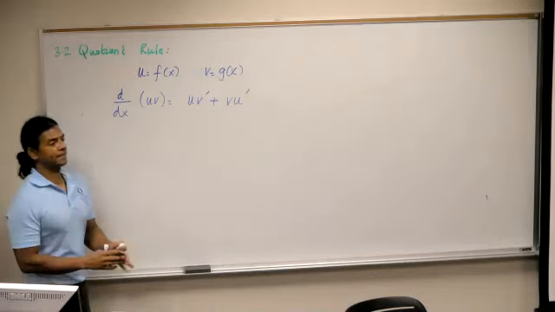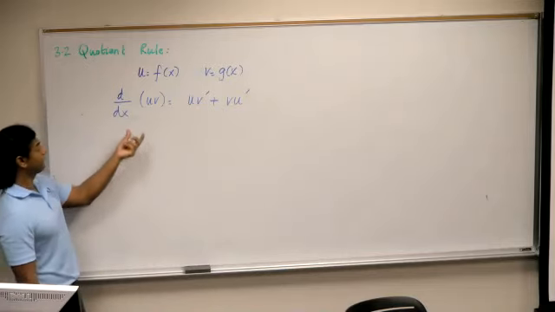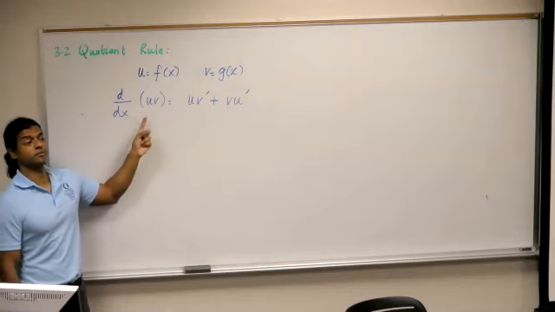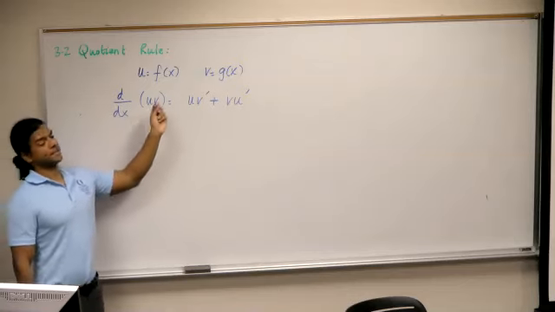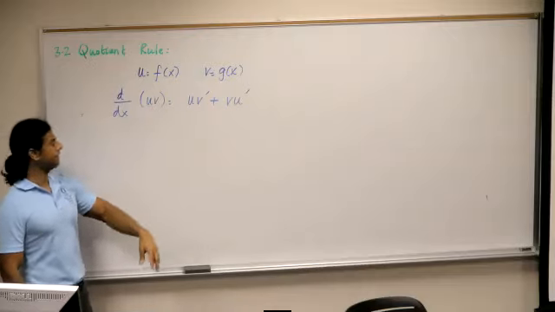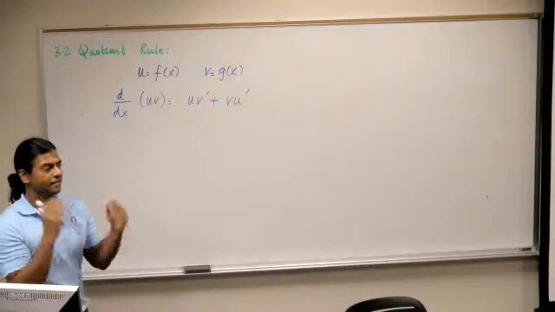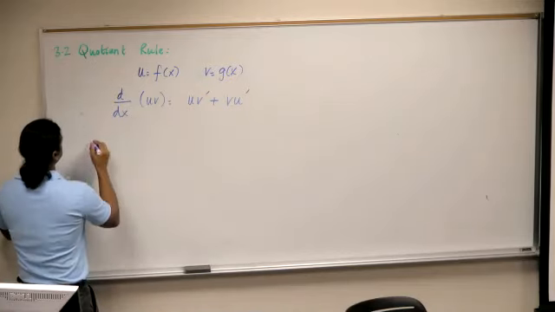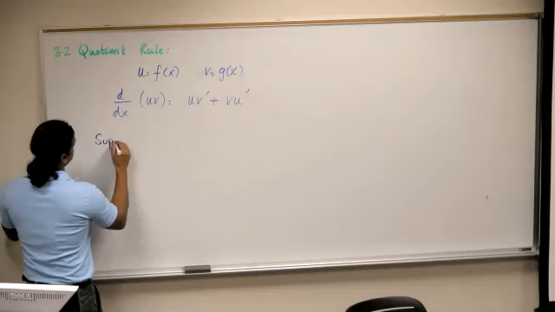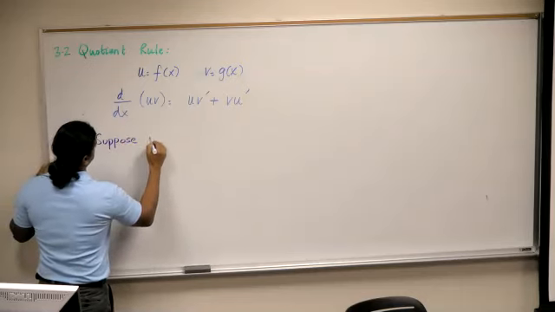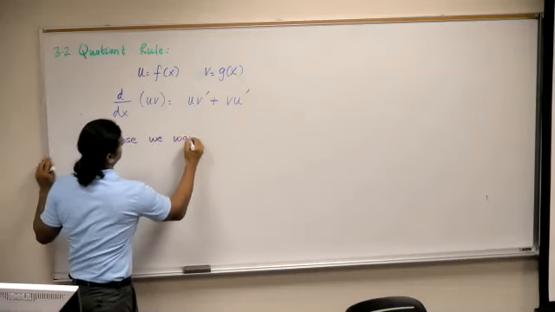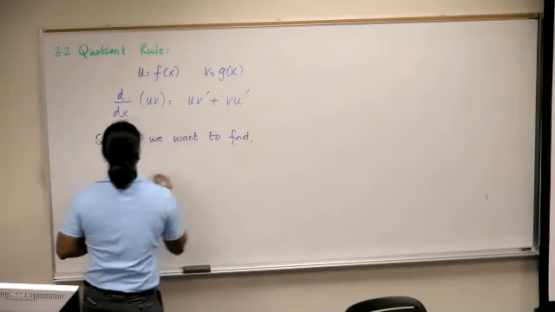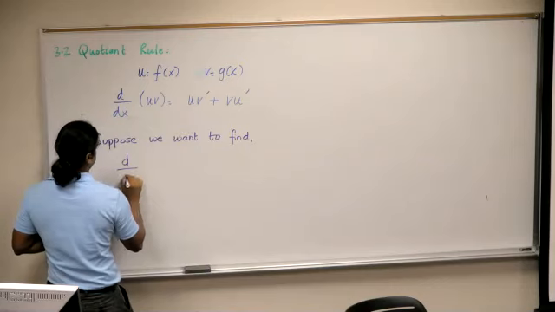And the point that we wanted to stress is that you cannot simply take the derivative of u and the derivative of v separately and multiply them together. That's wrong. So, going along the same lines, effectively, this is the same thing that we learned inside of pre-calc.